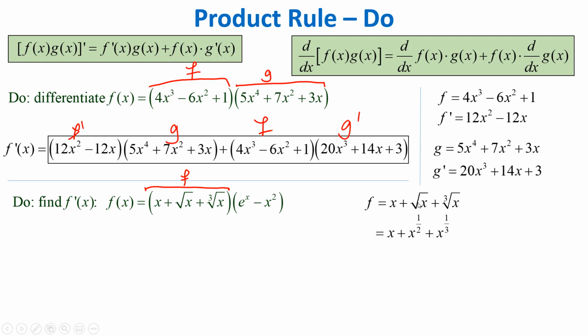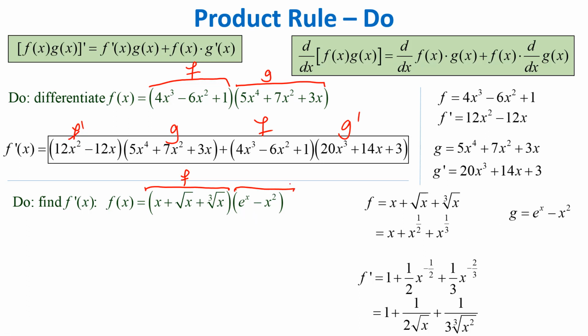It becomes x plus x to the 1/2 plus x to the 1/3. And then the derivative will be 1 plus 1/2 x to the negative 1/2, or maybe you memorized that fact and just went right to 1 over 2 radical x. And then x to the 1/3 prime is 1/3 times x to the negative 2/3, which when I rewrite this as a positive exponent and then as a radical, it becomes 1 over 3 times the cube root of x squared.